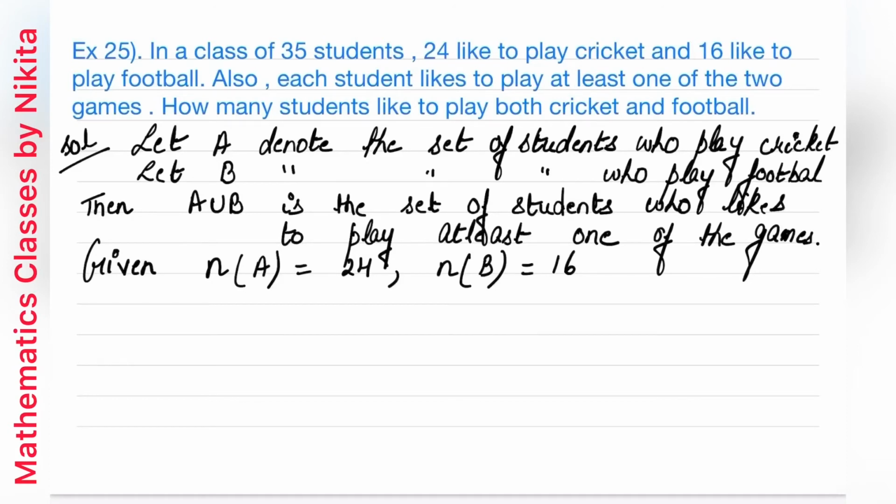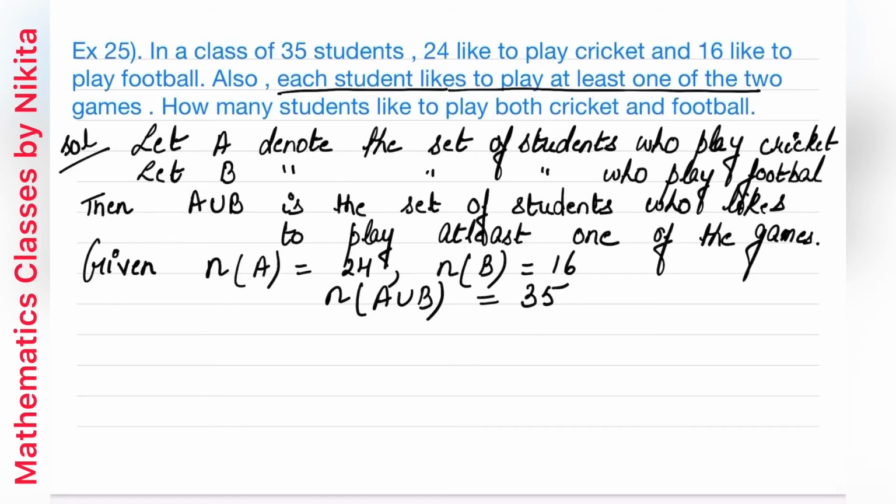It is given that it is a class of 35 students. So this class of 35 students is your universal set, but this universal set is actually equal to A union B, because each student likes to play at least one of the two games. So the number of elements in the union is equal to 35.